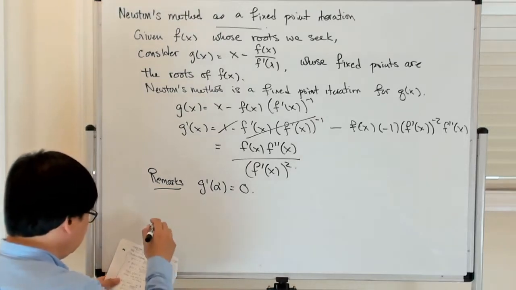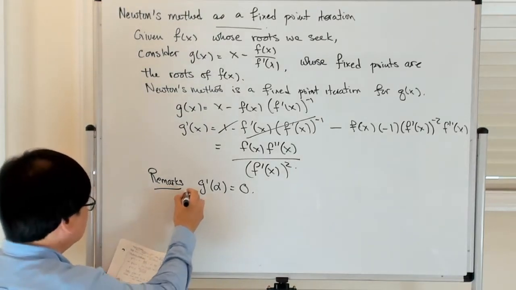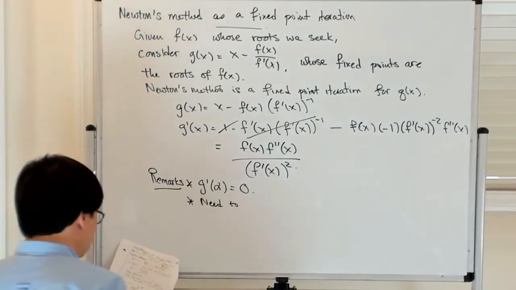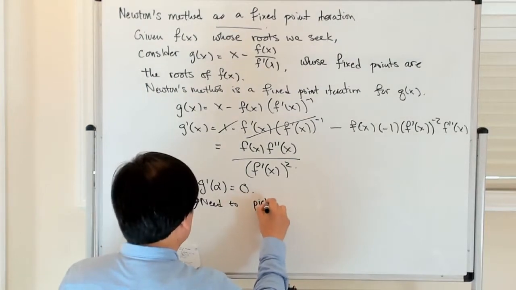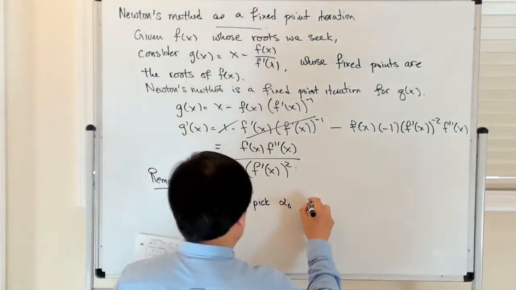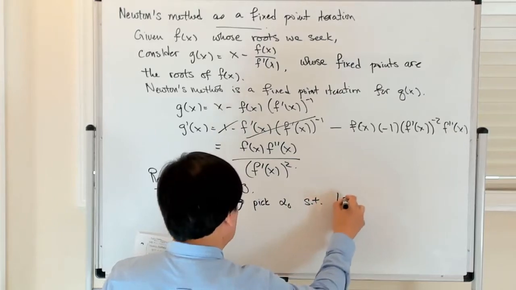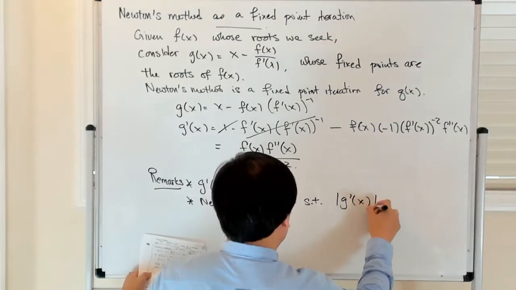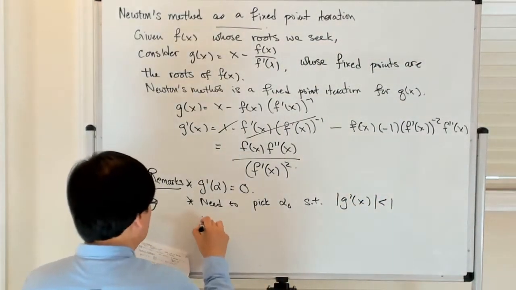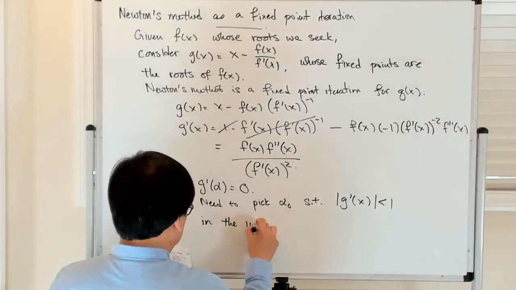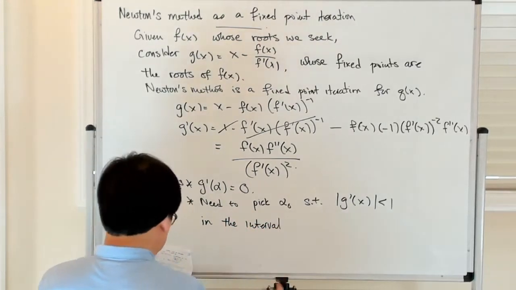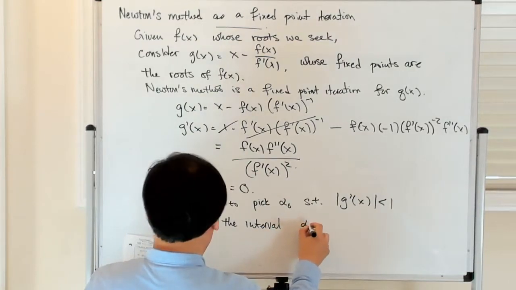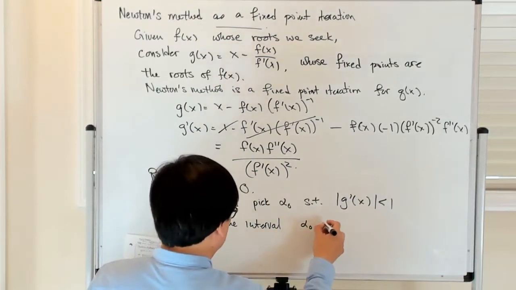And then you also need to pick alpha 0 so that the absolute value of the derivative of g is less than 1 in the interval within delta about the fixed point alpha.